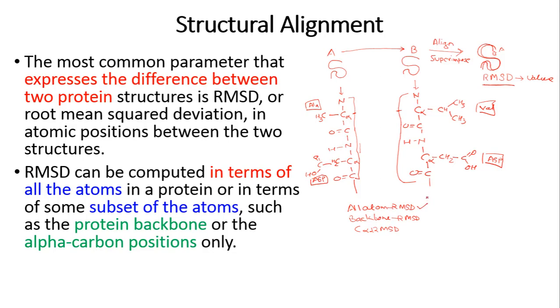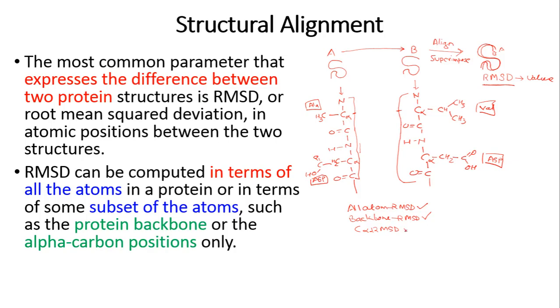On the other hand, you can limit the RMSD calculation to only the backbone atoms. So after superimposition, if you only consider the position of backbone atoms from protein A and backbone atoms from protein B, and then compute RMSD, we say that you have calculated backbone RMSD.